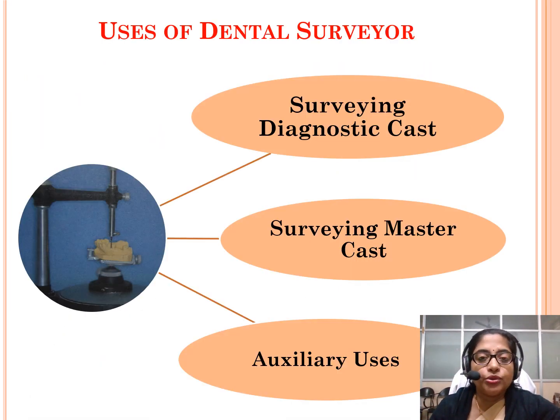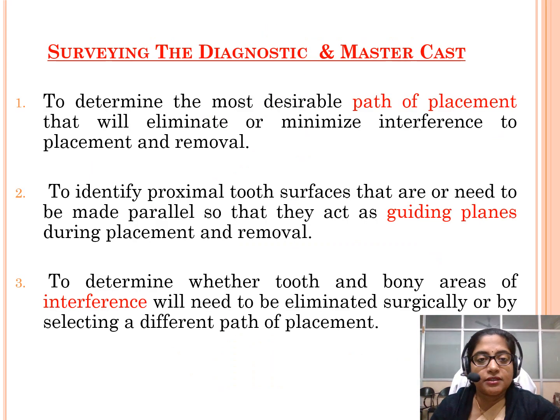Now let us come to the uses of the dental surveyor. The surveyor can be used for surveying the diagnostic cast, surveying the master cast, and some other auxiliary uses that we will discuss.